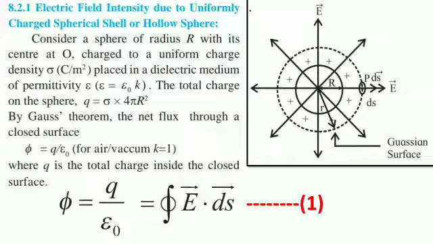The electric field at each point on the Gaussian surface has the same magnitude E, capital E, and it is directed radially outward. Also, the angle between the direction of E and the normal to the surface ds is 0, that is theta is 0.